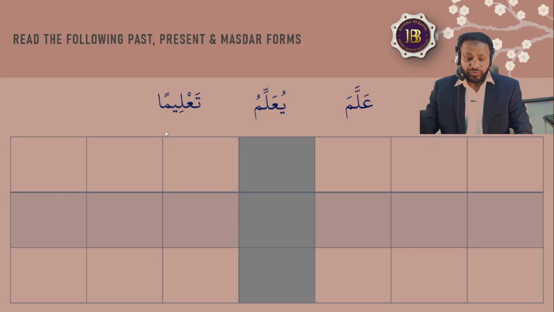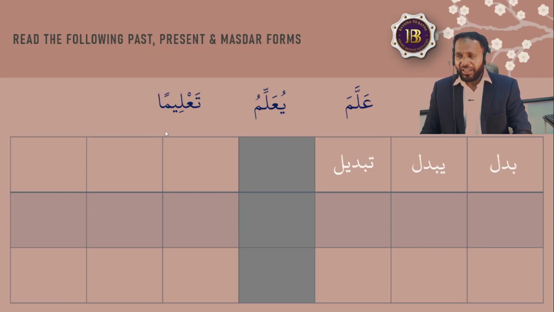I can tell you. You want to test yourself? Look at this. Can somebody read this? I have not put the harkat there. Read it on the pattern of allama. Tabdilan. Tabdilan. That's it. Tabdil, you have heard this word in Urdu, right? Tabdeel karna. What does it mean? To change.